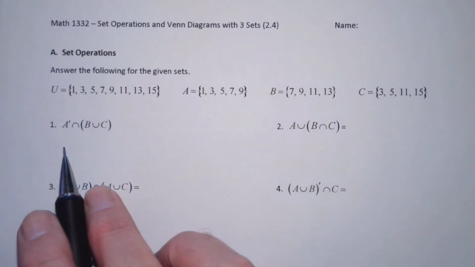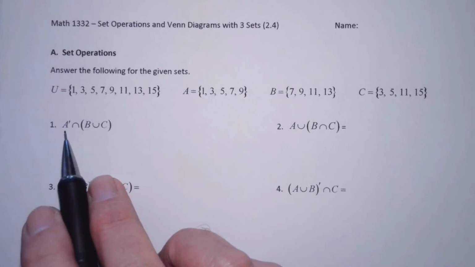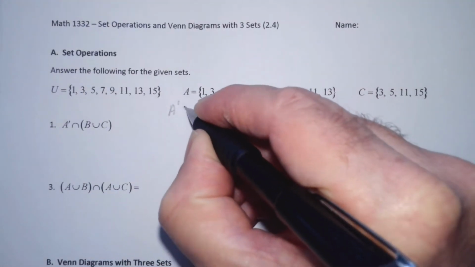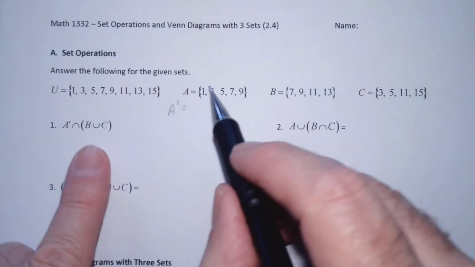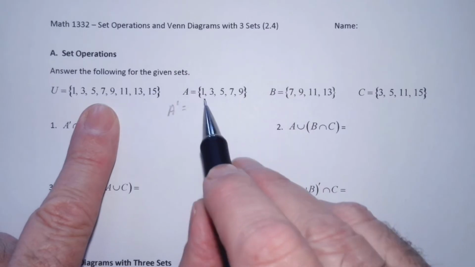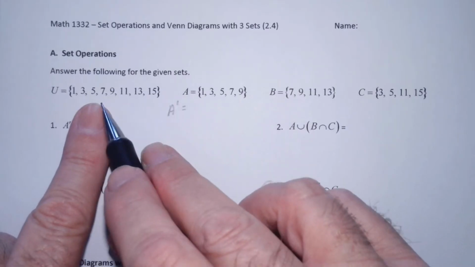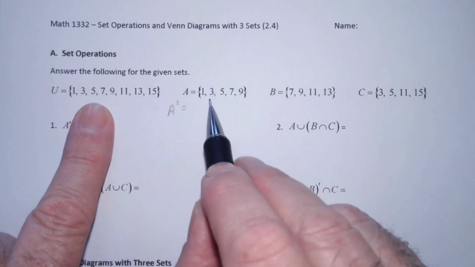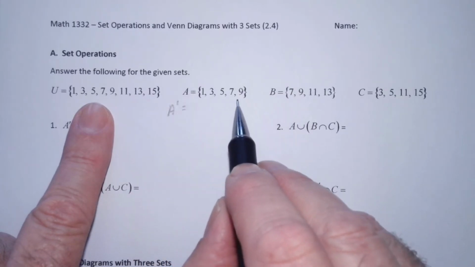So notice on the first problem, I need to know a complement, and I don't know what a complement is, so I'm going to find a complement. It's everything that's in the universal set that's not in this set. So notice we have in the universal set the odd numbers from 1 to 15. So we have 1, 3, 5, 7, 9.